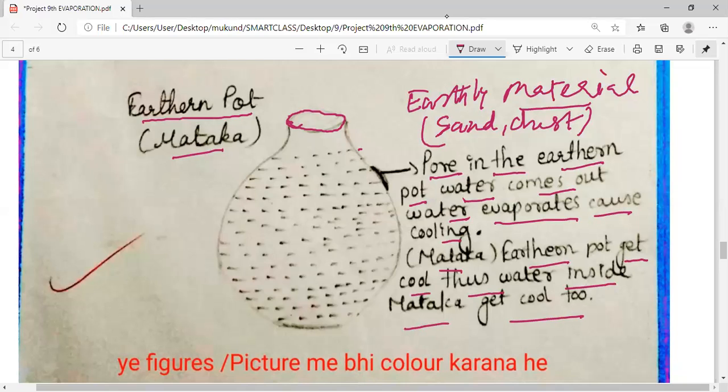So this is the process in which we can get the water inside this earthen pot cooler, and we will be happy drinking that.